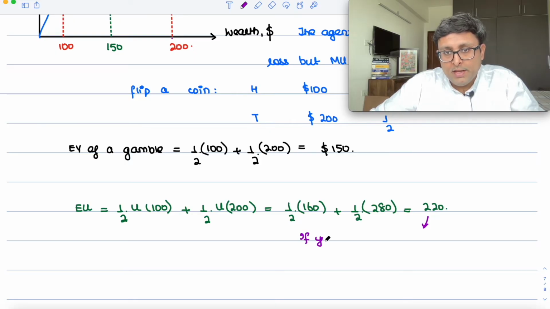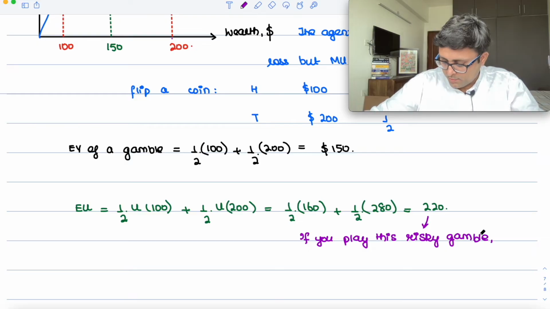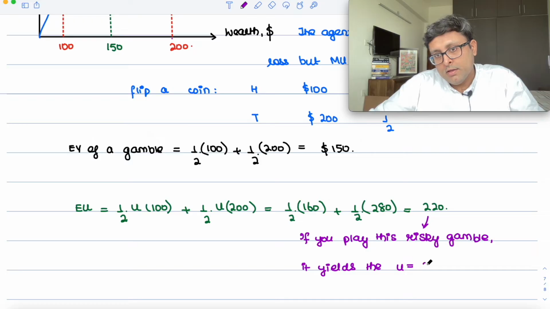So if you play this risky gamble, it yields the utility equal to 220.